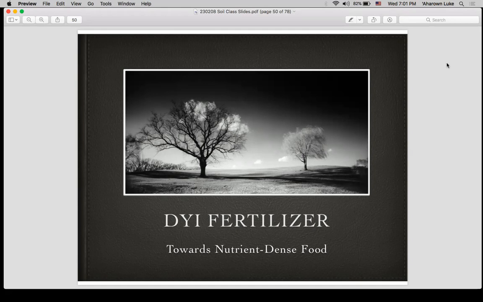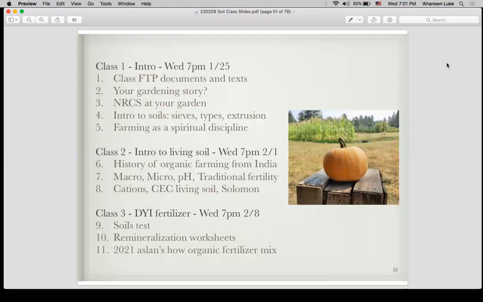So let's get started. The first class started to look at different types of soils. There's a nice soils map from the NRCS soil survey, one of the biggest databases in the world. And there is a soil pyramid with clay, silt, and sand, and varying degrees of that create the type of soil that you have.